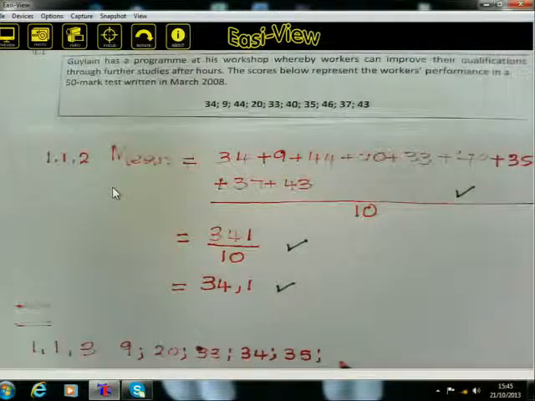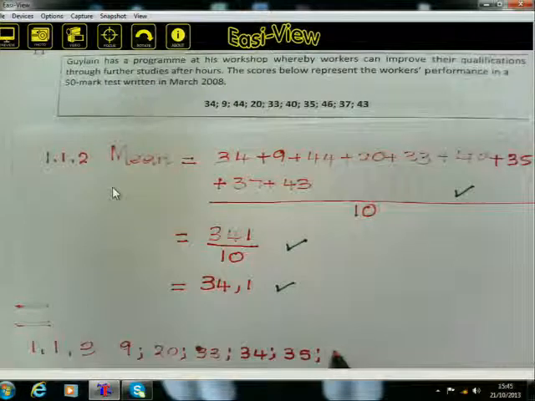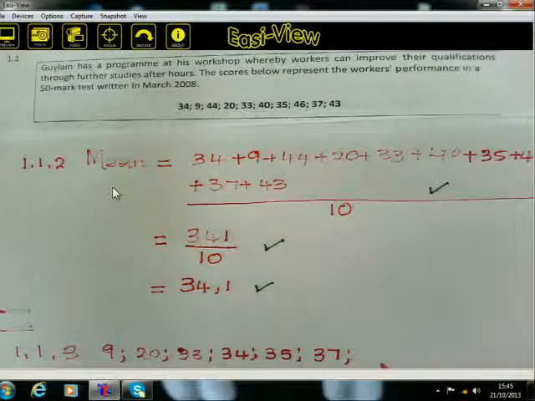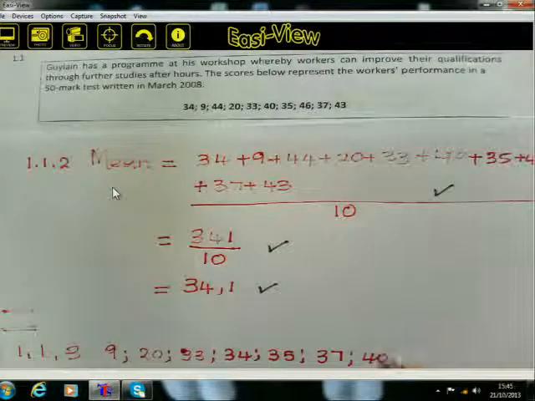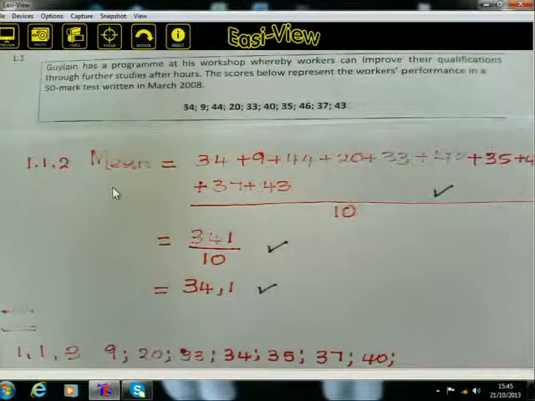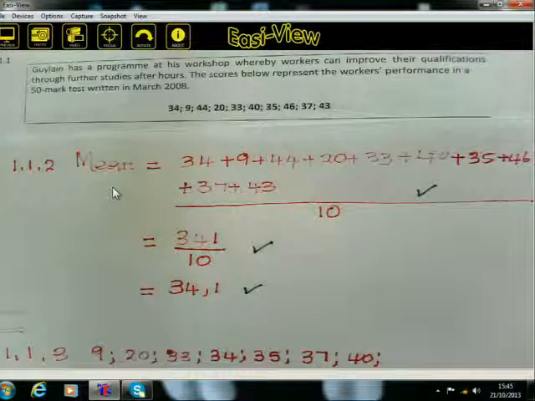Good. The following number will be, check carefully, 37. The following number after 37 will be 40. Are we together? Good. After 40, which number will follow?